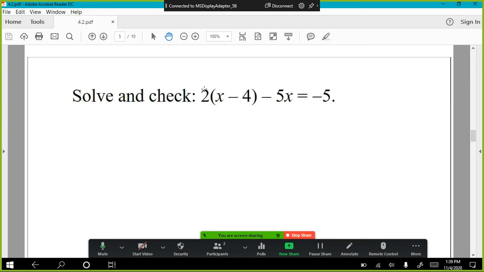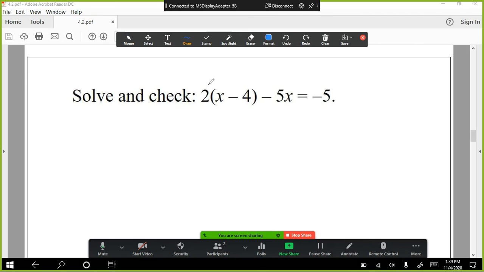So the first thing I have to do is distribute the 2 to get rid of that parentheses. So this becomes 2x minus 8 minus 5x equals negative 5.